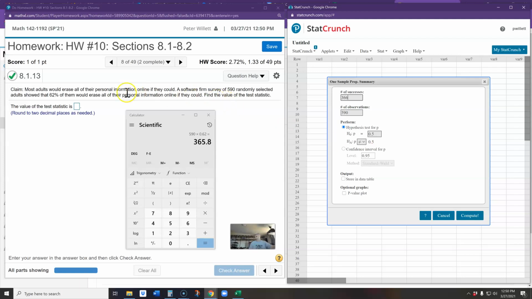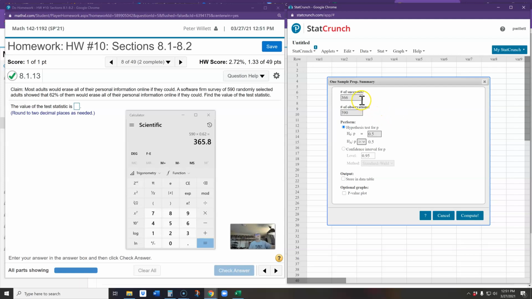This is a test for the claim that most adults would erase their data. Most adults just means more than half. So we would leave the null hypothesis that the proportion is equal to 50%. That's the default. And then we would change the alternative hypothesis to be that P is greater than 50% because that means most would erase their data.